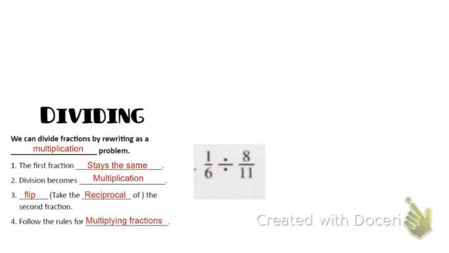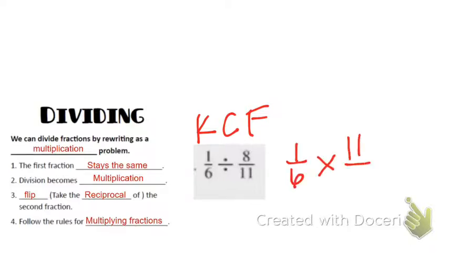So for example, what we're going to be doing is we're going to keep this one. We're going to change our division to multiplication, and then you're going to flip the 8/11ths to be 11/8ths. So it should look like 1/6 times 11/8ths. And then you multiply again, straight across the top, straight across the bottom.